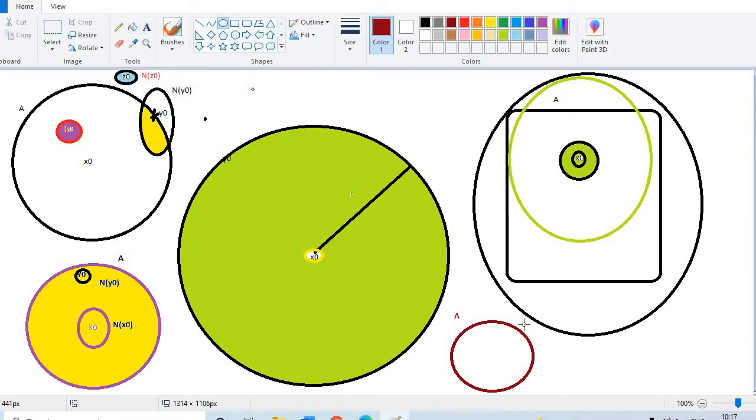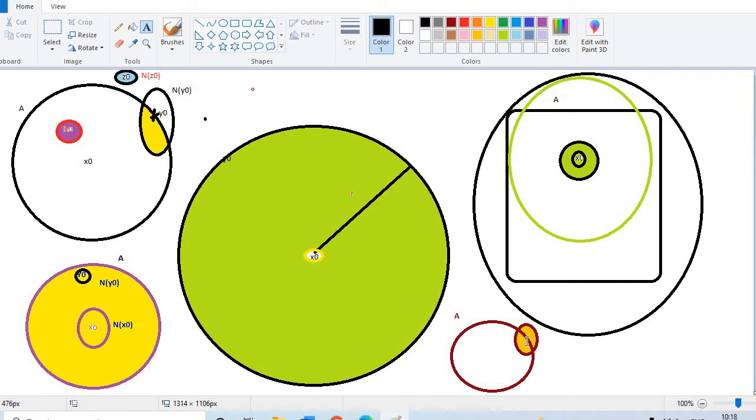Mathematically, if you take a neighborhood for the points in the boundary or edge, then that neighborhood will contain the points inside A and outside A. Okay, this neighborhood will contain points from inside A and from outside A. So such points are called boundary points.